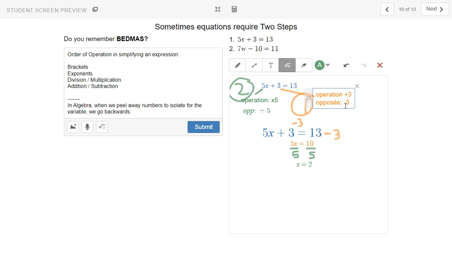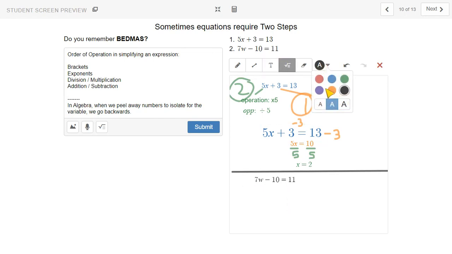We've solved it. We identified the operations, found the opposite, and then decided the order that we had to do it in. Another example, 7w minus 10 is equal to 11. Things that are going on here: a minus 10.